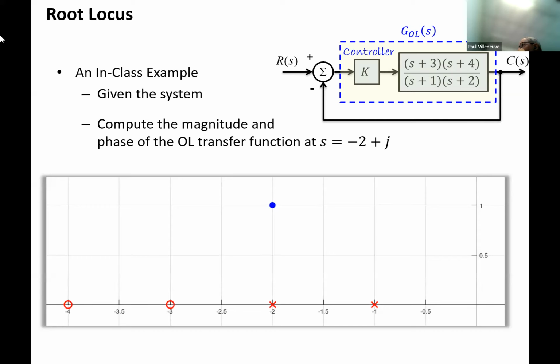Okay. Ethan, would you be willing to give me the magnitude and angle for the pole at the zero at s+3? Are we just plugging the -2 plus j into the transfer function we have in there? Correct, just like what we did here.